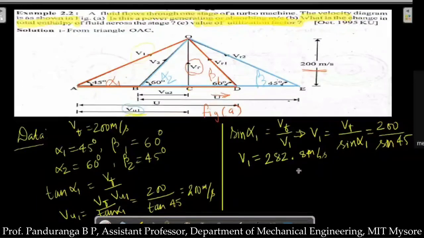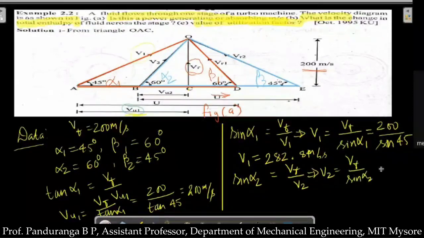Now let us find out V2. For V2, I know Vf and I know the angle alpha 2. So I'll take sine of alpha 2 and that will be equal to Vf divided by V2, which implies V2 will be equal to Vf divided by sine alpha 2, which is 200 divided by sine 60.